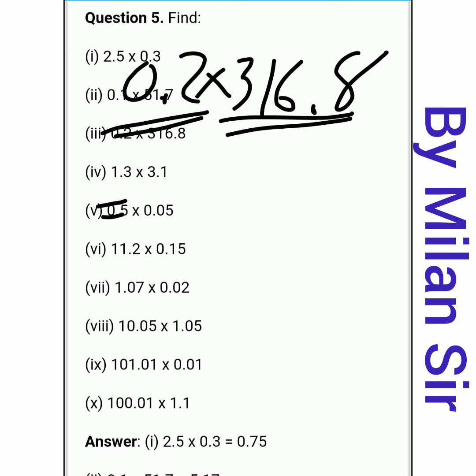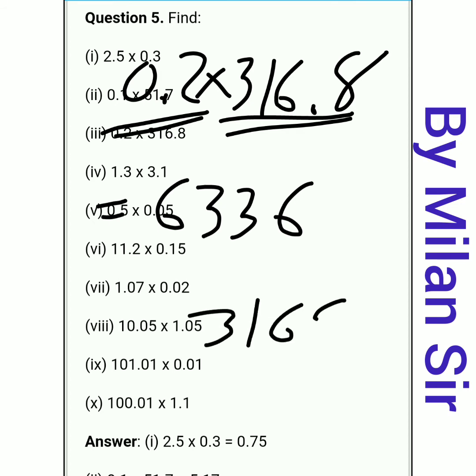If we start from the last number, then 8 twos are 16, 1 remainder, 6 twos are 12 plus 1 is 13, 1 remainder, 2 ones are 2 plus 1 is 3, 3 twos are 6. If you cannot multiply it directly, then just do the rough work. 168 multiplied by 2. Okay, you will get this answer 6336.